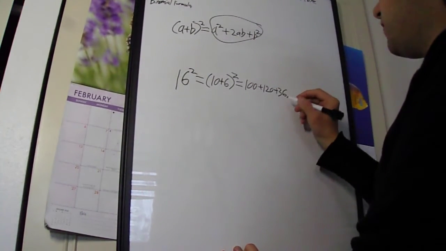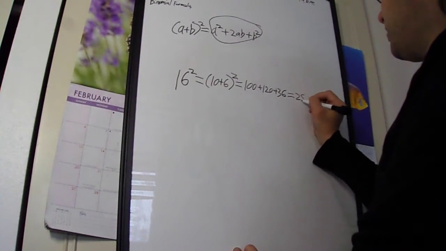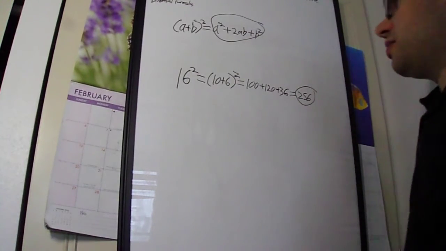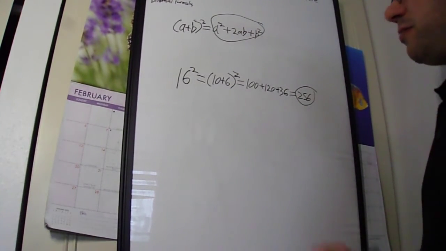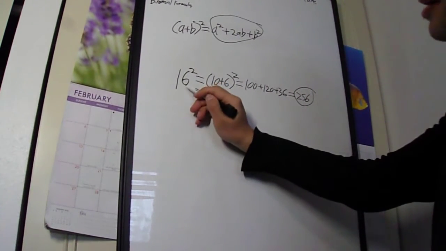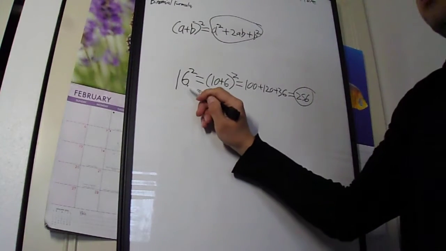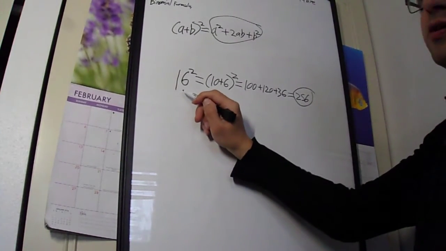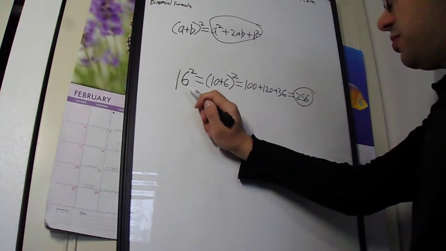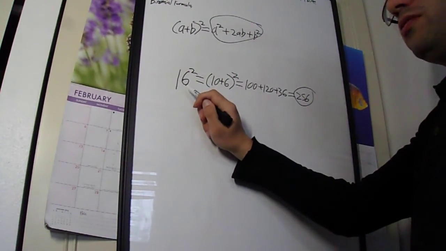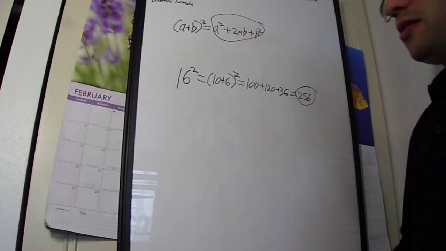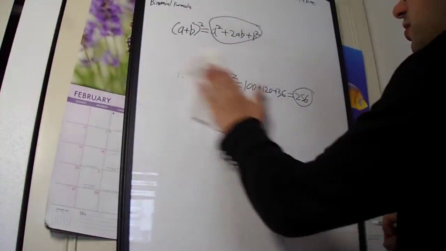So 100, 220, 256. 256 is the answer. Now sometimes, speaking of other methods of squaring a number, I happen to also know, besides retrieving it directly from memory, that 16 is 2 to the 4th power, and 2 to the 4th power squared is 2 to the 8th, which is 256. That's for another video. That's just to show there are other methods.